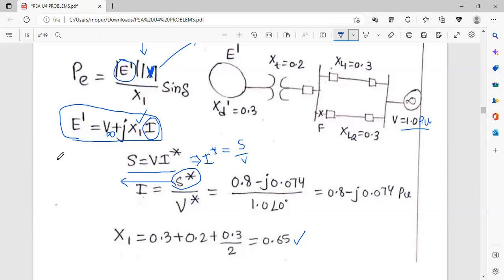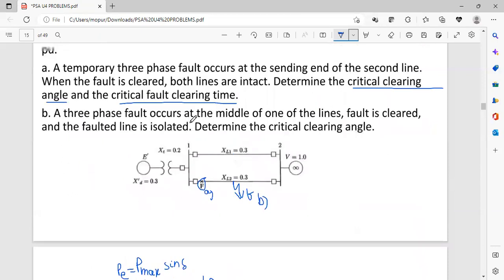Normally, S is equal to P plus J Q. So S conjugate will be P minus J Q. They had given the P value and Q value in the problem.